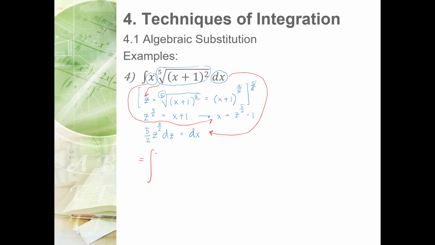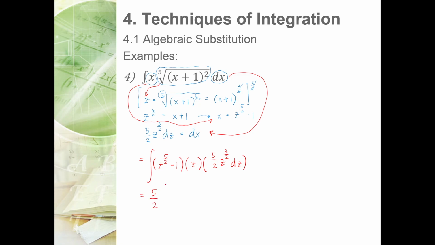Okay, so writing the new expression, this would give us z to the 5 halves minus 1, times z, and then 5 halves z to the 3 halves dz. All right. So we can try to factor out the constant, which is 5 halves.